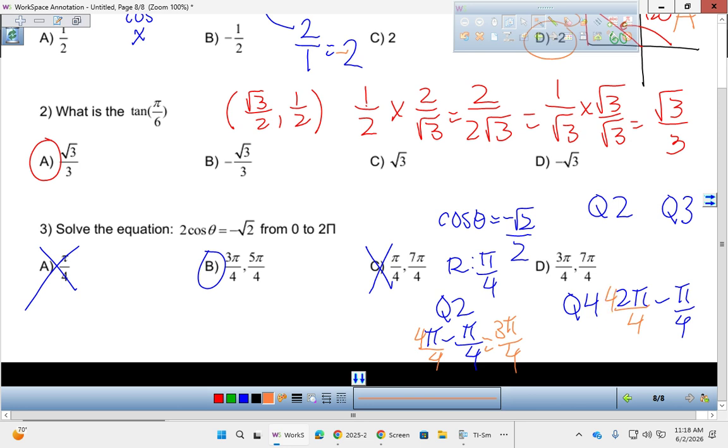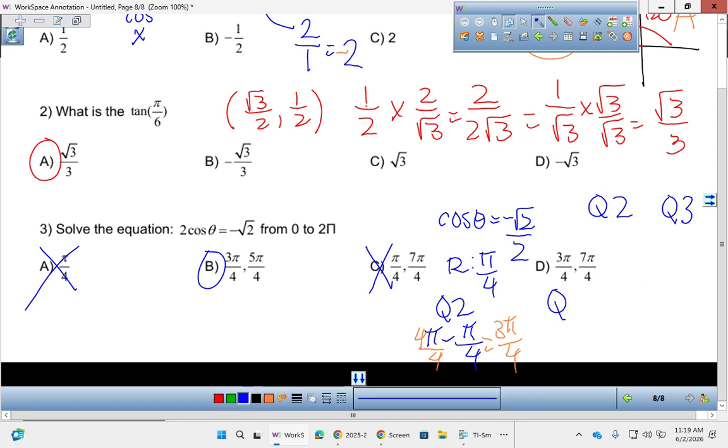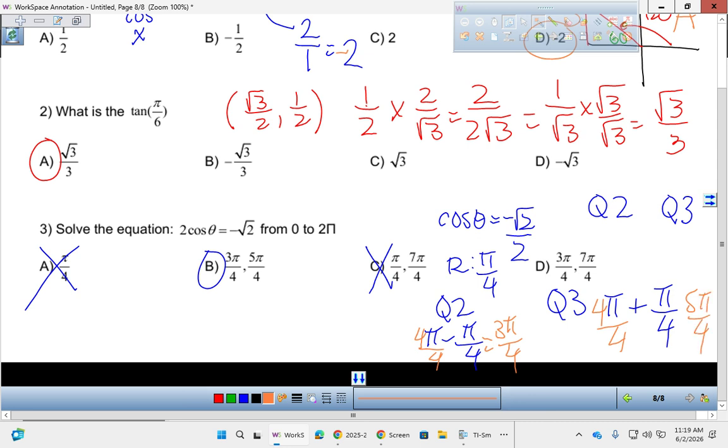Oh, it's not quadrant 4, it's quadrant 3. Ignore me. In quadrant 3, it's pi plus my reference angle. Give it 4s. 4 plus 1 is 5 pi over 4. Or type each one in your calculator one by one and see which one works for both.